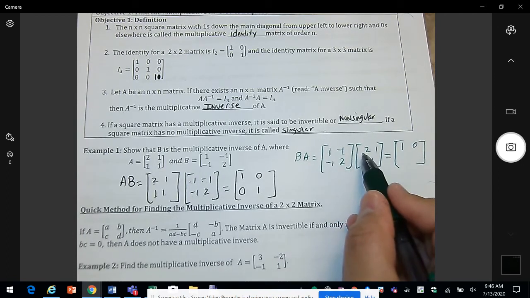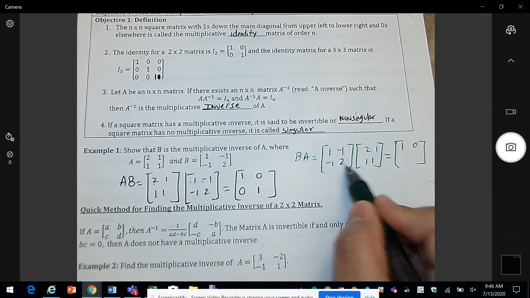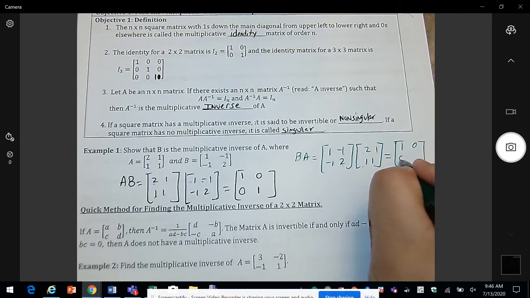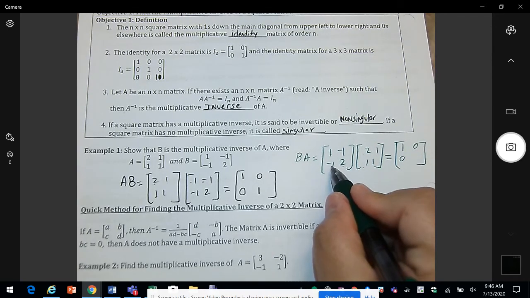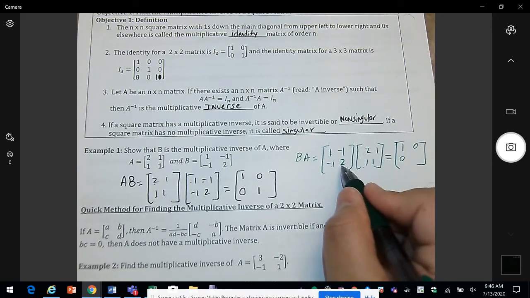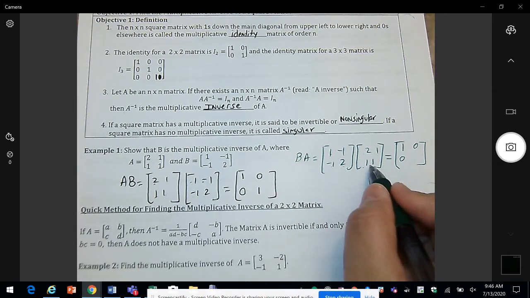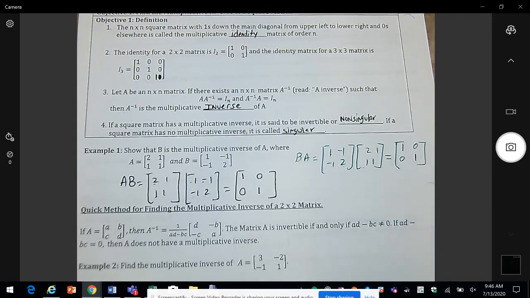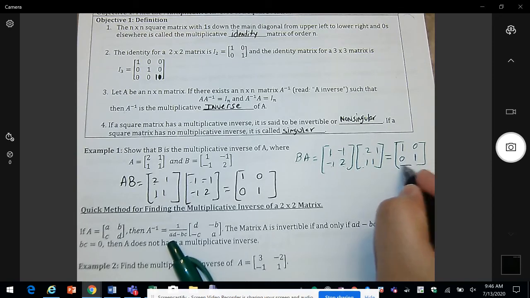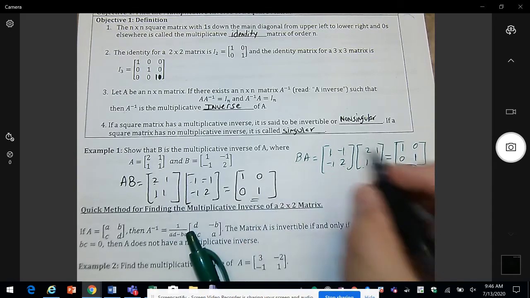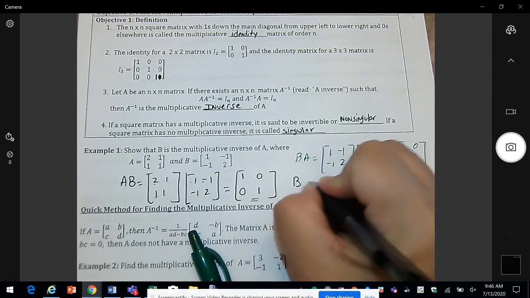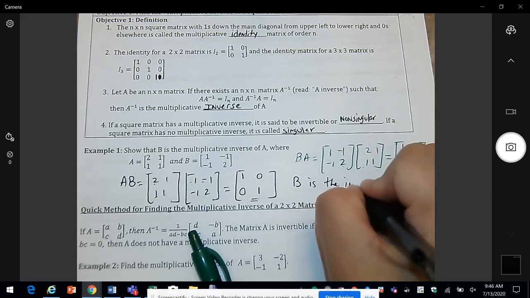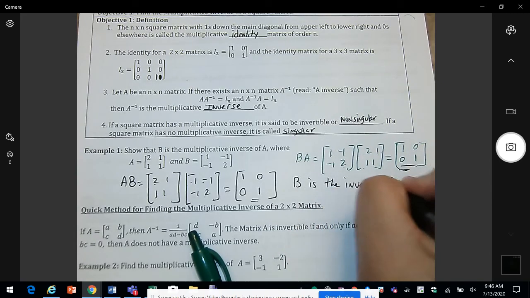Negative 1 times 2 is negative 2, 2 times 1 is 2, so we add those, we get 0. Negative 1 times 1 is negative 1, plus 2 times 1 is 2, so that gives me a 1. So you can see here that they both give us the identity matrix, so we say that B is the inverse of A.